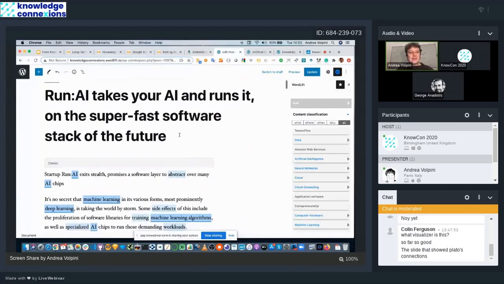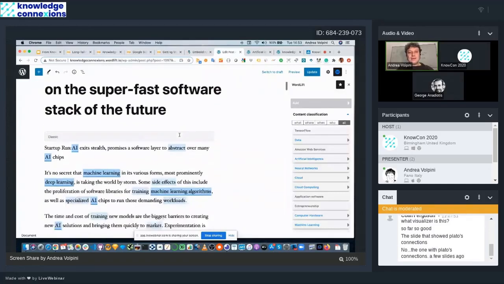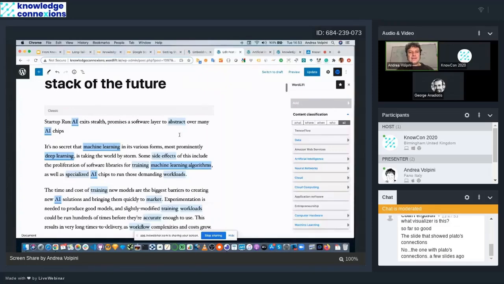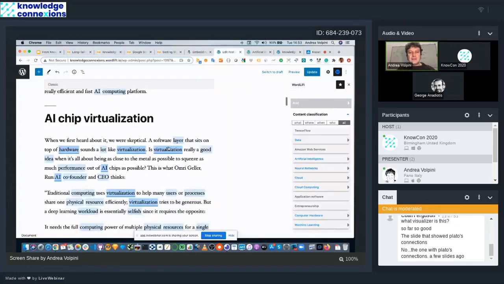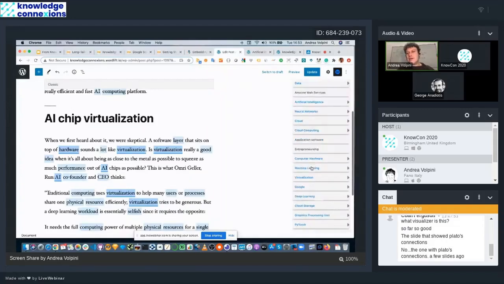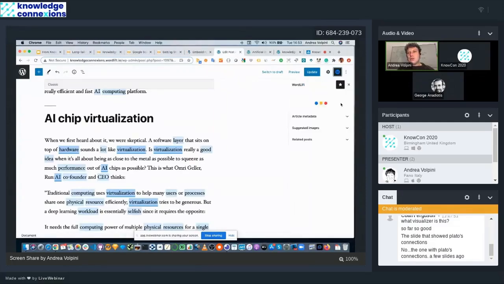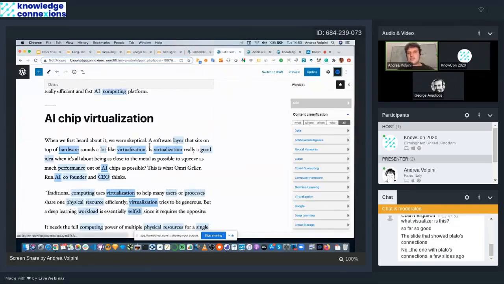And so that's an example of a post, and you can see that the text has this highlighting, and these are the annotations that have been added using WordLift, that are now encapsulated inside WordPress. So that's the CMS that we're using.